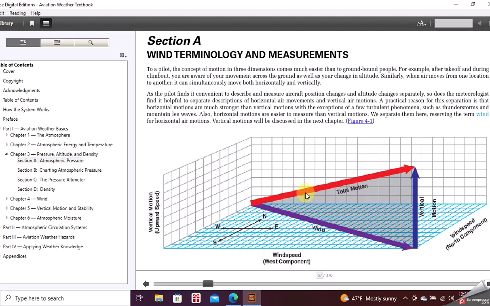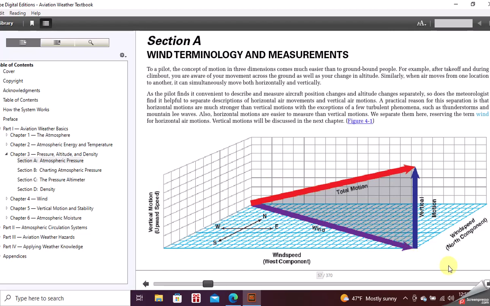So the air parcel where you are may wind up somewhere totally different in a little while. It may be higher, lower, north, south, east or west, any of those. In order to understand how the weather is going to change, we have to understand where that air parcel is going to wind up.